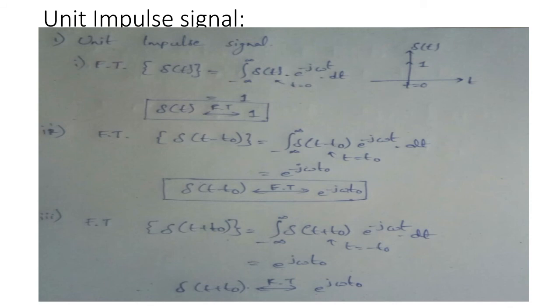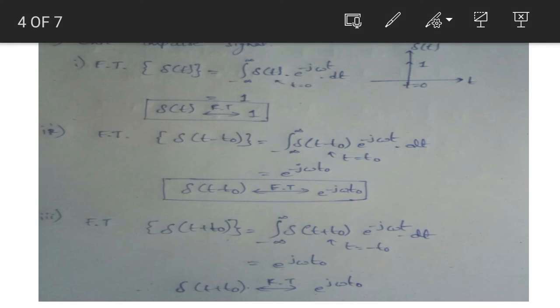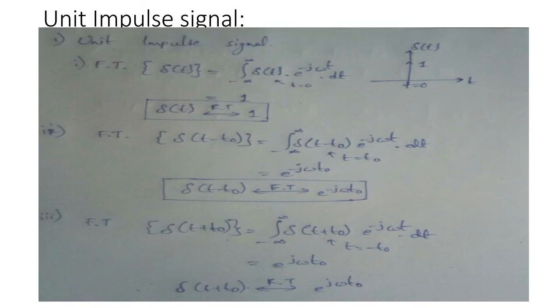Taking the Fourier transform of del of t, the integral from minus infinity to infinity of del of t into e to the power of minus j omega t into dt. Only when t is equal to 0 does the Fourier transform of the unit impulse exist.